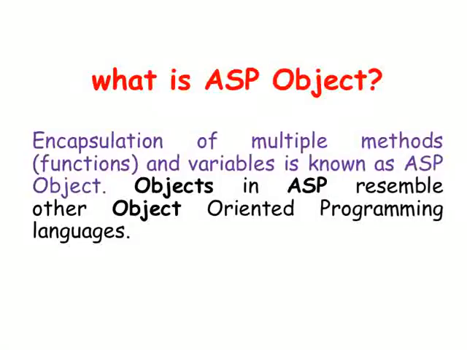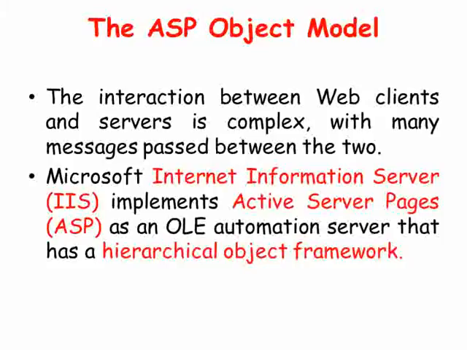What is an ASP object? Encapsulation of multiple methods, that is functions, and variables is known as an ASP object. An object in ASP resembles objects in object-oriented programming languages like C++, Java, etc. The interaction between the web clients and server is complex, with many messages passed between the two.